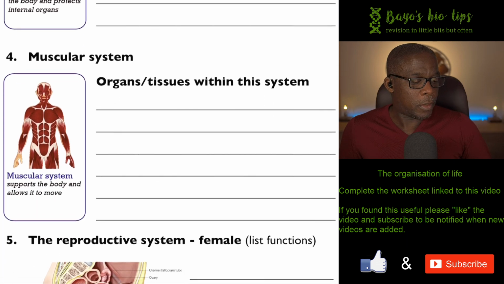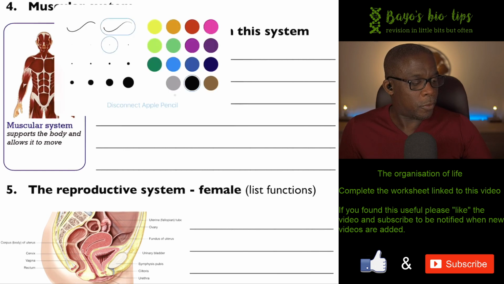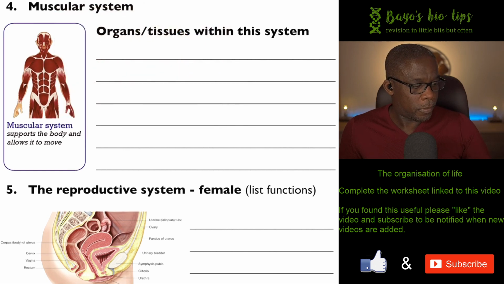Next, let's look at the muscular system. So the most obvious bit of the muscular system is the muscle.